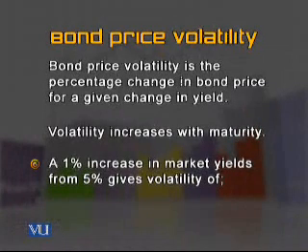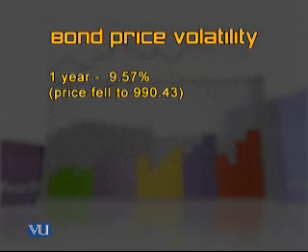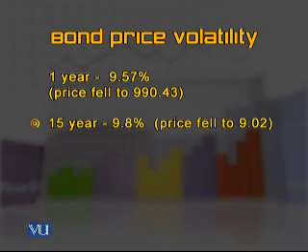So when we are talking about volatility, a 1% increase in market yields from 5% gives volatility of what? If it's a 1-year bond, 9.57%, and prices fell to 990.43. If it's a 15-year bond, 9.8%, and the price fell.